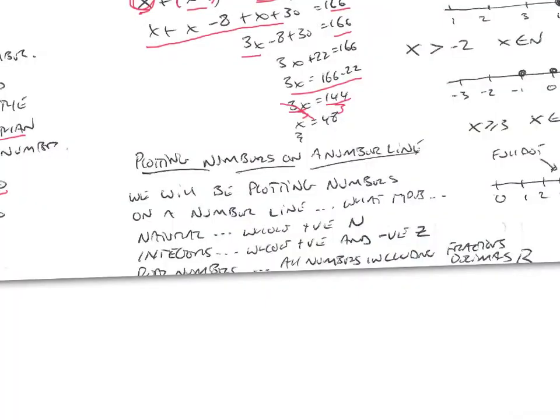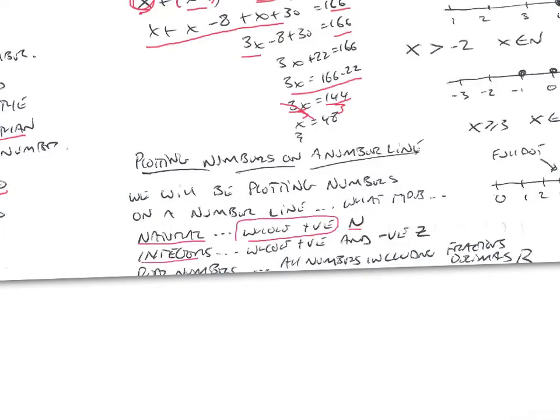So now we're going to move on and talk about inequalities and plotting numbers on a number line, okay? So we'll be plotting numbers on the number line, and there's 3 different types of numbers we'll be plotting. There'll be the natural numbers, which are the whole positive numbers from the natural set of numbers.